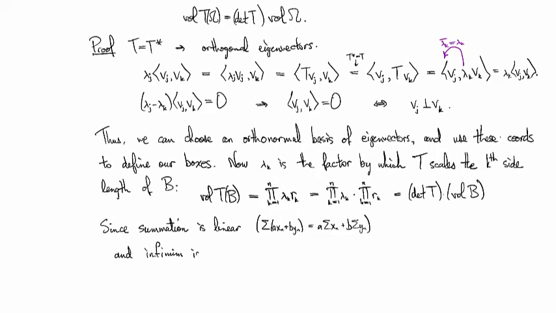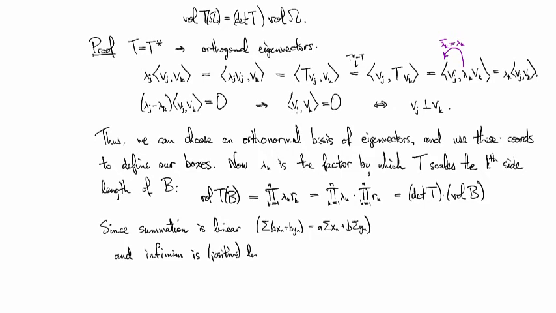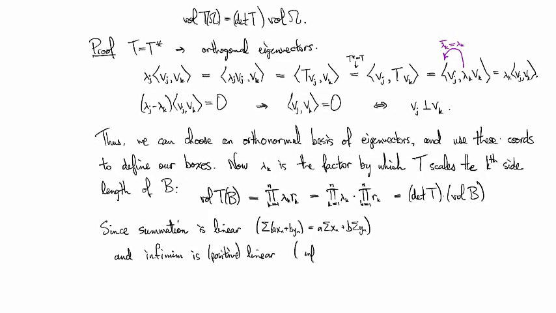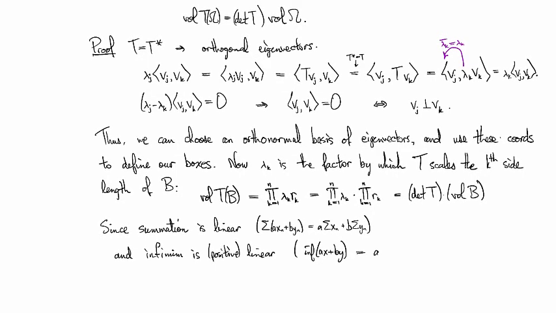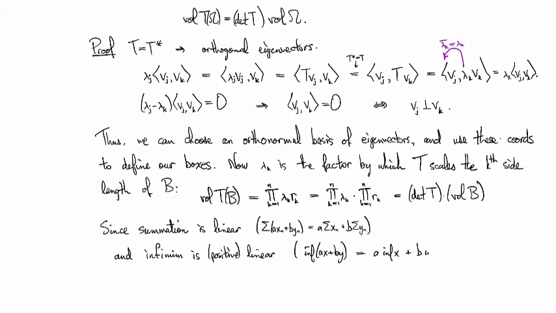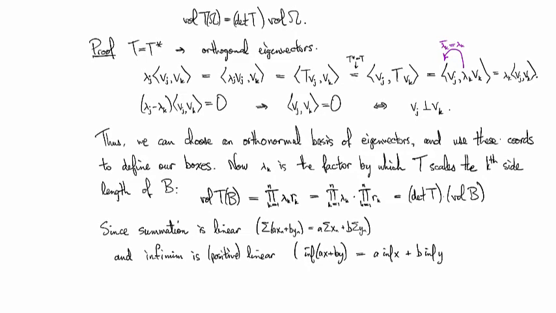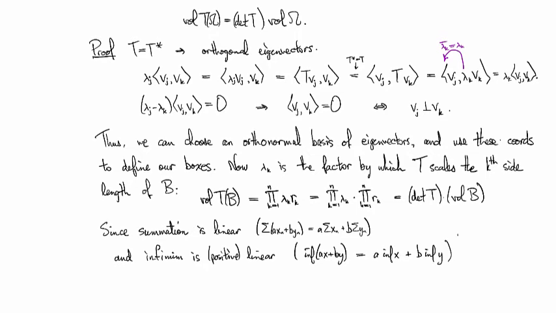And infimum is positive linear. By which I mean that the infimum of ax plus by is equal to a times the infimum of x plus b times the infimum of y, as long as you're taking the infimum over the same set. And this is crucially for when a and b are non-negative.